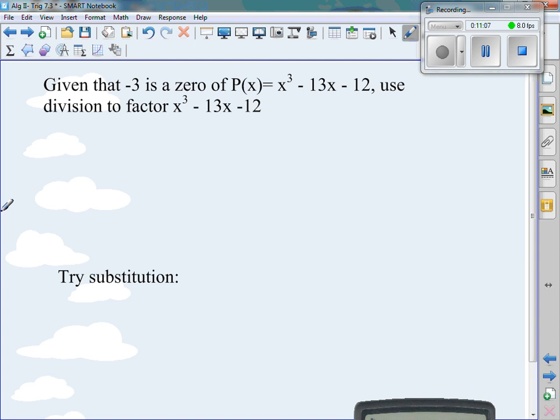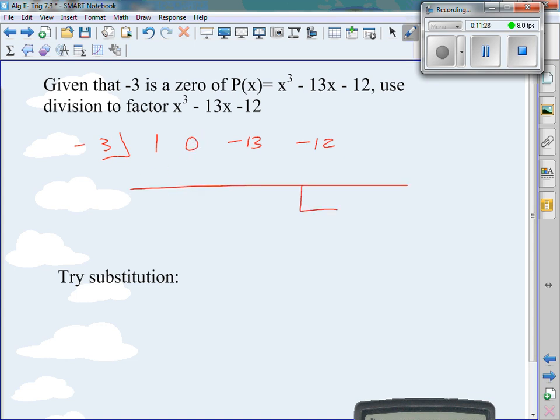All right, try this problem. For synthetic division with -3, what do I put in my top row? 1, 0. Why is it a 0? Because there's no x squared. Draw a line, box, go down. You have to draw the little down thing.